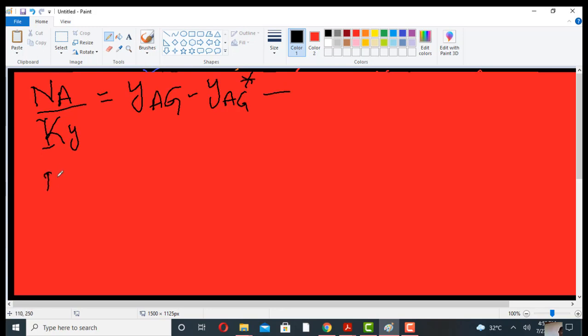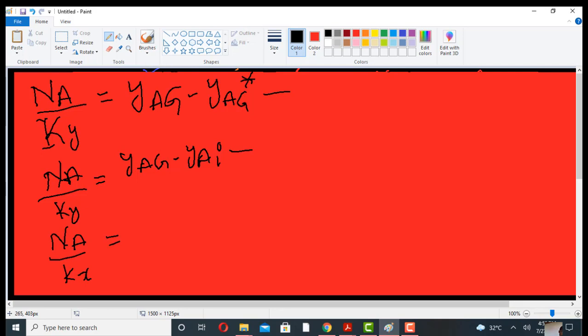The other equation was NA by Ky is equal to YAG minus YAI. The third equation is NA divided by Kx is equal to XAI minus XAL.